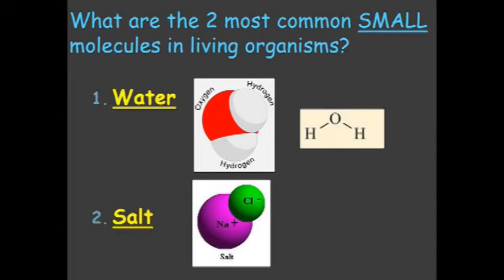There's a sodium-potassium pump in cells. There's lots of these small molecules in living organisms that provide a lot of different things for us. Okay, cells and different organelles within the cells use these small non-organic molecules for a variety of things.